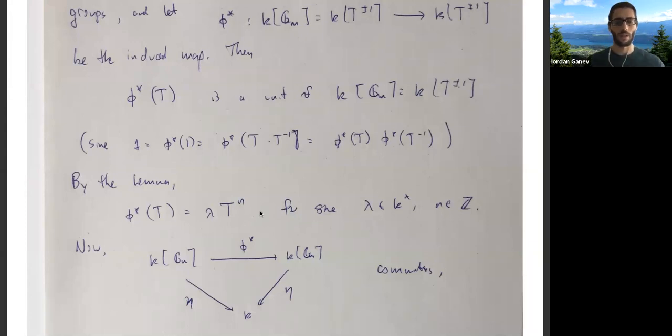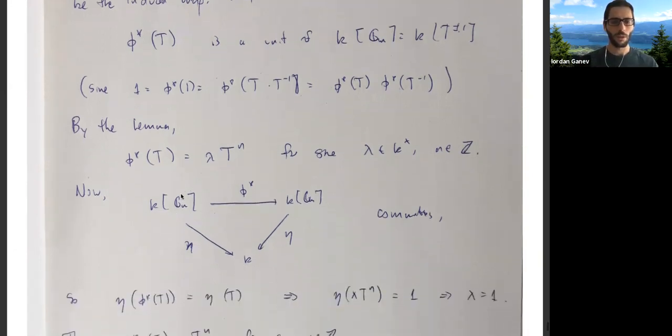And why is that? Well, we use the co-unit axiom. Since we have a homomorphism of groups, it sends 1 to 1. So on the level of algebras, we have this commutative diagram. This is just a translation of the fact that any group homomorphism takes 1 to 1.